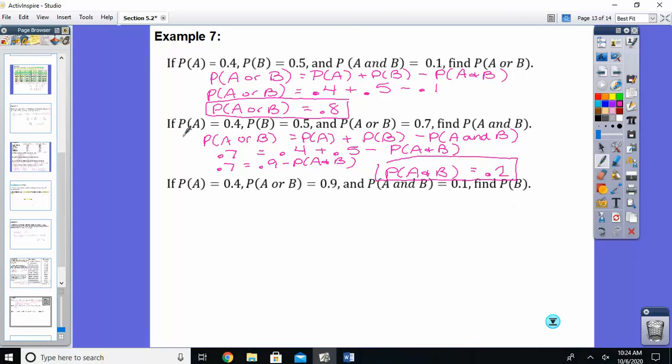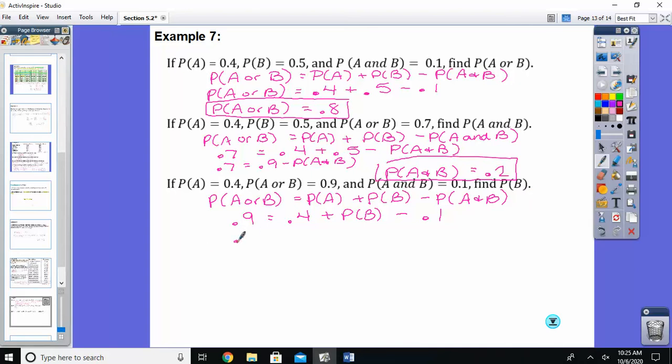Last one of the day. This time I gave you the probability of A or B, that's 0.9. Probability of A is 0.4. I did not give you the probability of B, minus probability of A and B is 0.1.